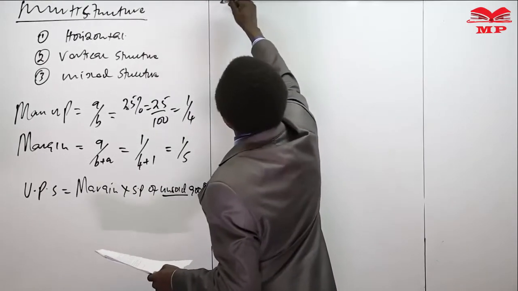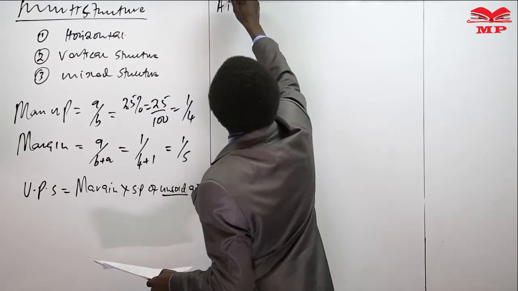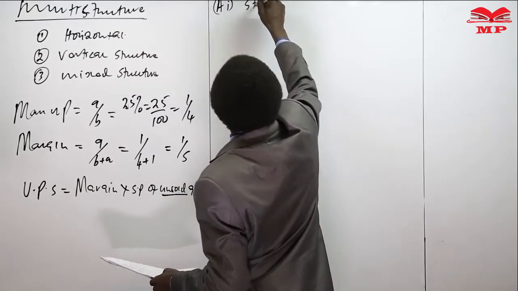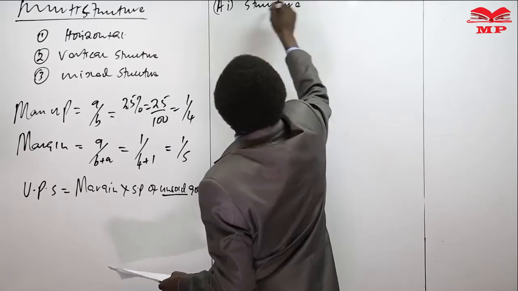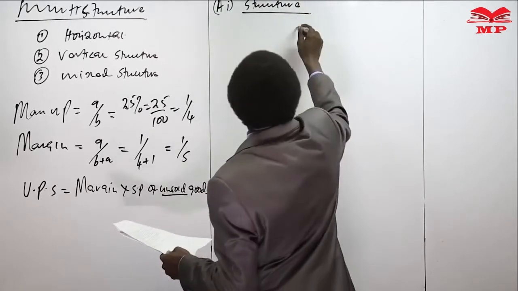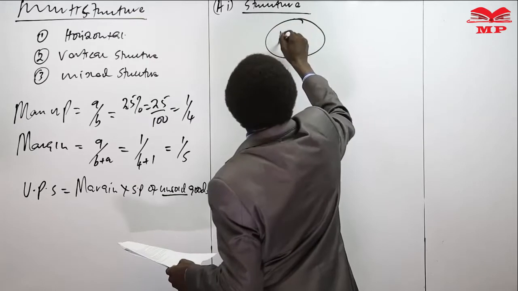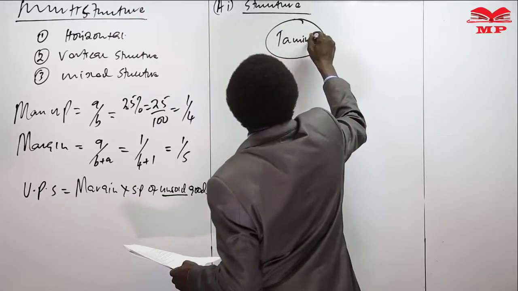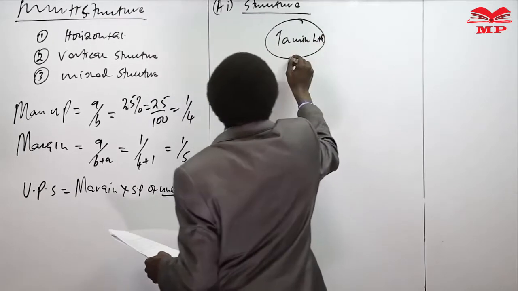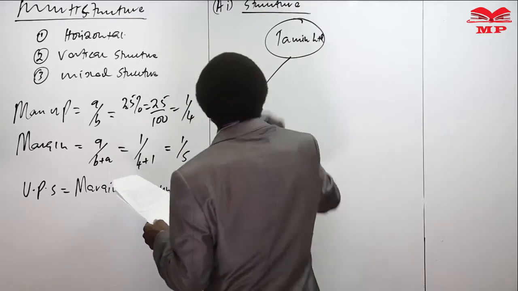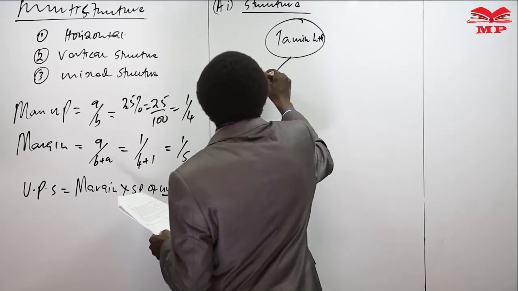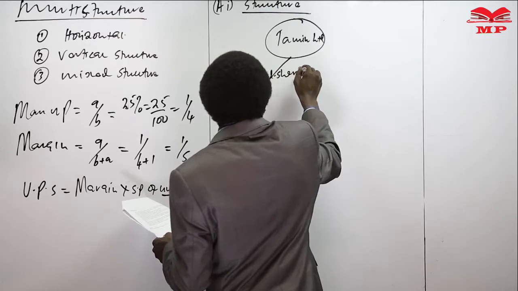Here, the analysis 1, the structure. We realize that this is Tamim Limited. Tamim Limited has acquired 70% ordinary shares.